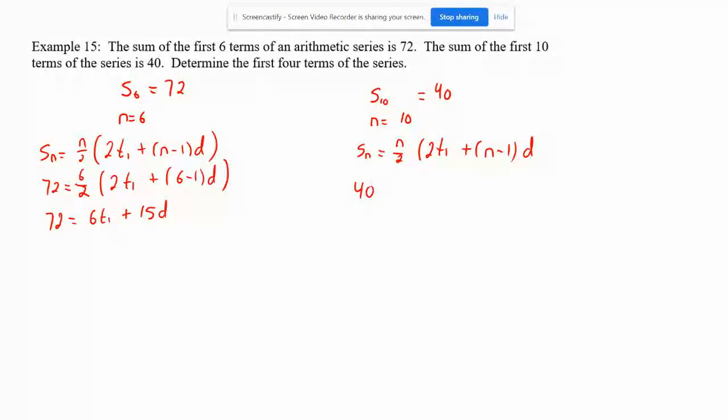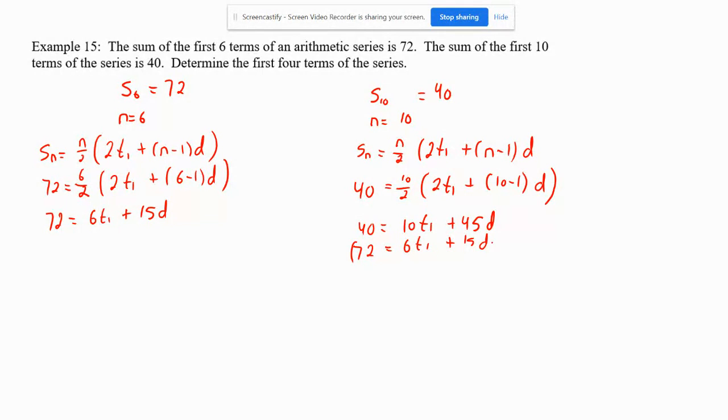S10 is 40. 10 over 2 times (2t1 plus (10 minus 1) d). 40 equals 10 over 2 is 5, times 2t1 is 10t1. 5 times 9 is 45d. Just going to stack these 2 equations like this. Okay, I'm going to multiply this equation times 3 because 15 times 3 is 45, and that means these guys match up.